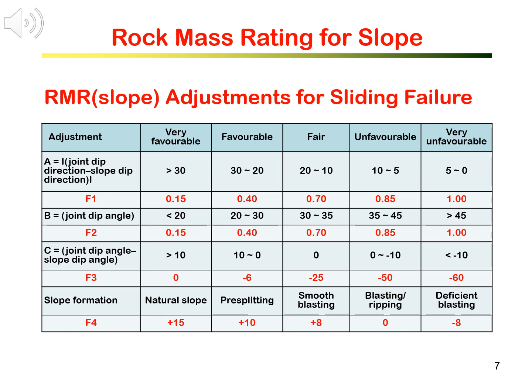Good blasting practice such as presplitting and smooth blasting will generate low damage to the rock mass forming the slope, and hence the slope has low failure potential. Natural slope has the highest positive F4 adjustment since the slope condition has been stabilized for years.